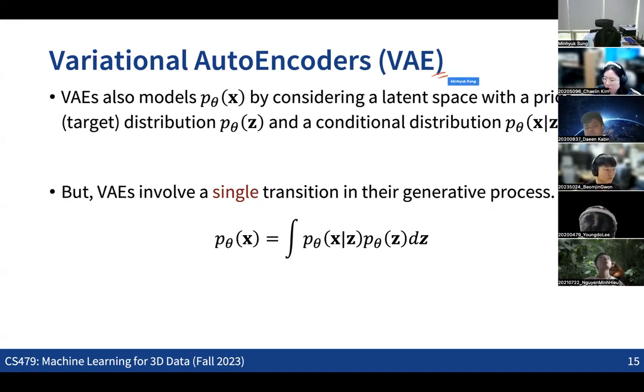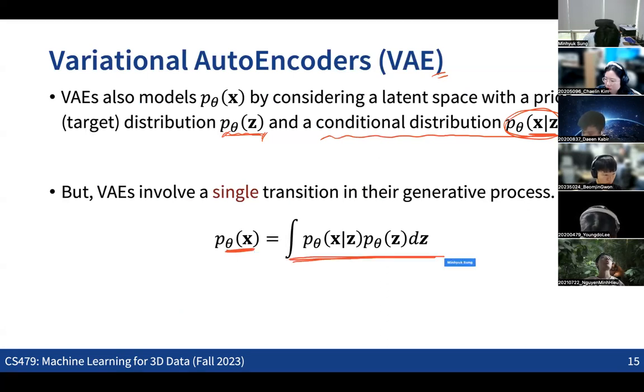The idea of the VAE is kind of the same as the diffusion models, in the way that we are also going to map the data distribution into some kind of target distribution. And we are learning the mapping from the prior distribution to the data distribution, in a way that the final data distribution can be represented in this kind of single transition form.